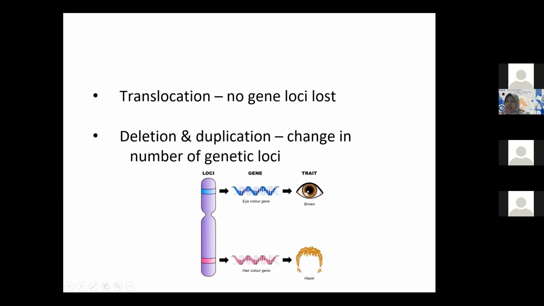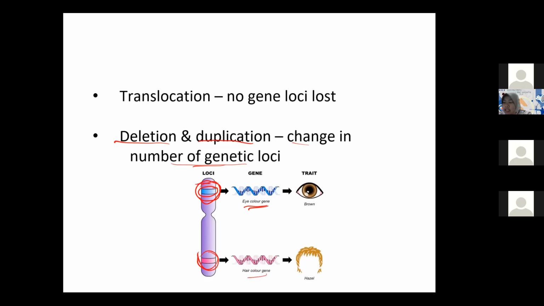But for deletion and duplication, it will change the number of genetic loci. Cuba tengok. This is loci, kalau ingat kan, this is locus. Different locus contains or stores different gene specific for a trait. For example, this locus contains gene for eye color. This locus contains gene for hair color, for example.